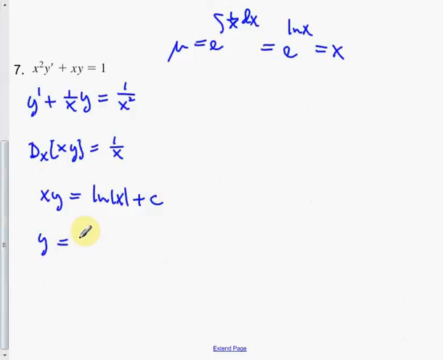So I integrate both sides, so I have x times y is equal to the natural log of the absolute value of x plus some constant. And so y is equal to 1 over x times the natural log of the absolute value of x plus c divided by x.